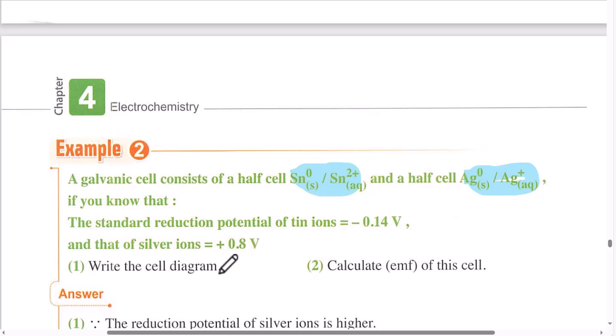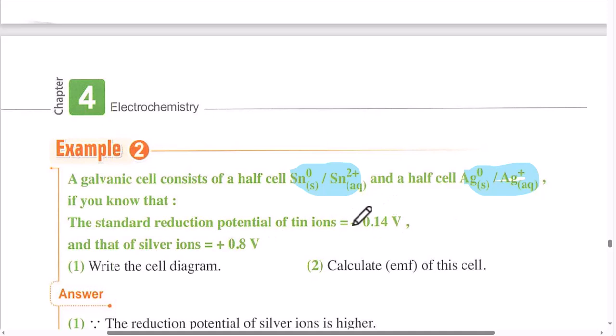We have to distinguish between the anode half cell and the cathode half cell. The reduction potential of silver, positive 0.8, is higher than that of tin. So silver is the cathode and tin is the anode.